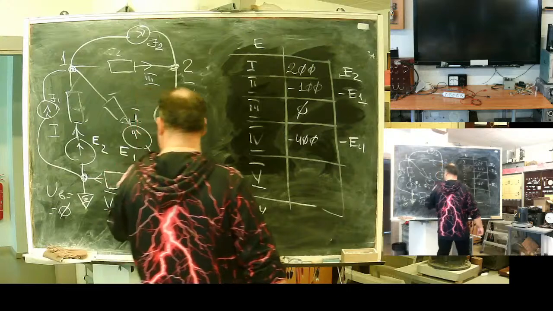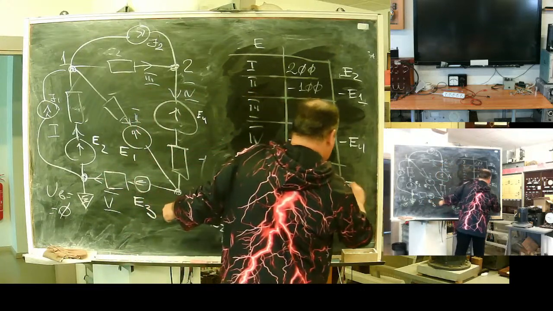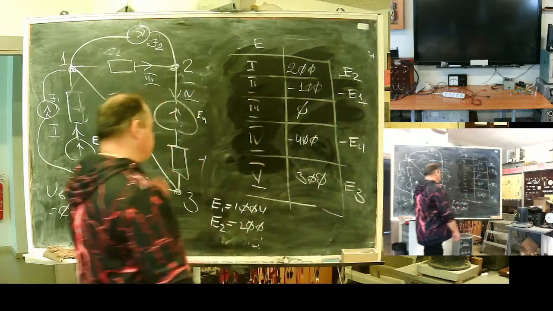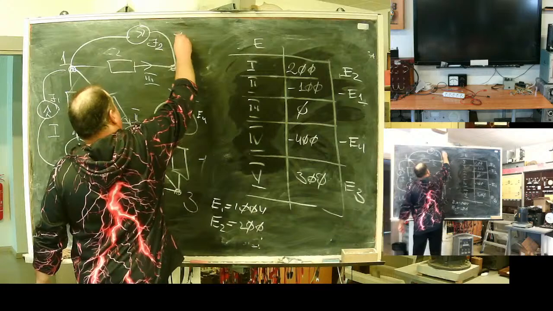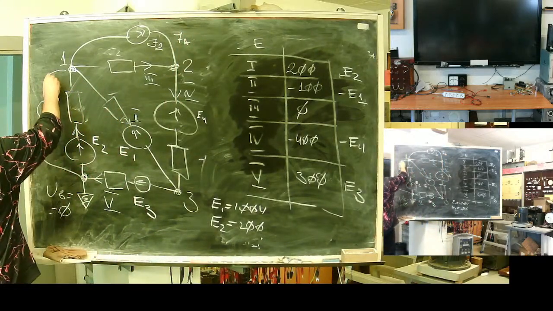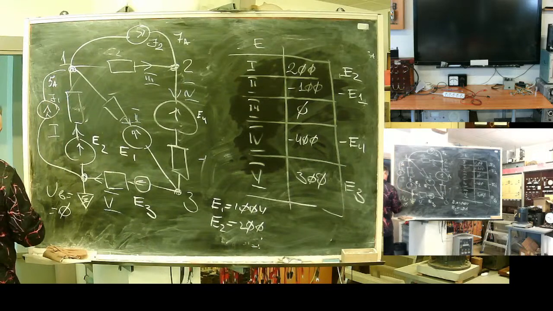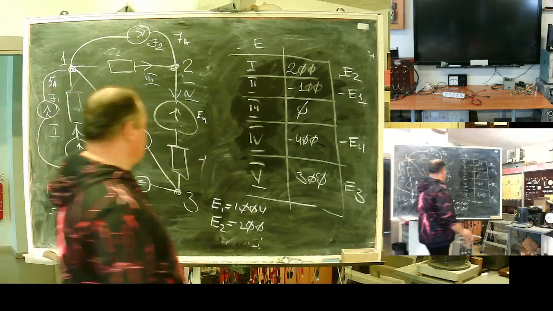And 5, E3 with the plus. Easy. Easy. Now a more complex approach. A current source is a tricky thing, so a more complex approach is needed when we deal with the current source.